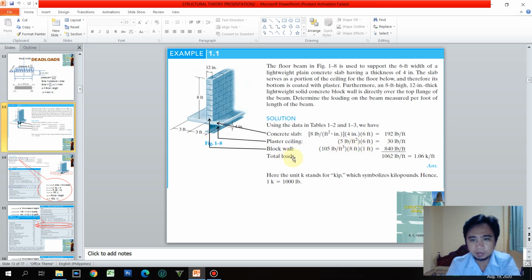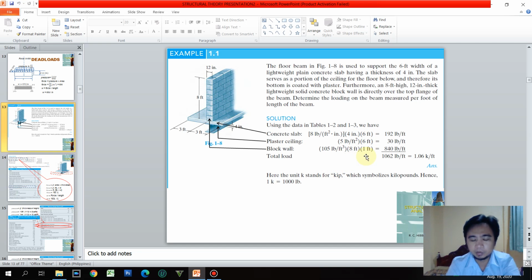And then for the block wall, this was derived in terms of gamma now, 105 pounds per cubic feet times 8 by 1. Where is 1 here? Because 12 inches is equivalent to 1 foot.